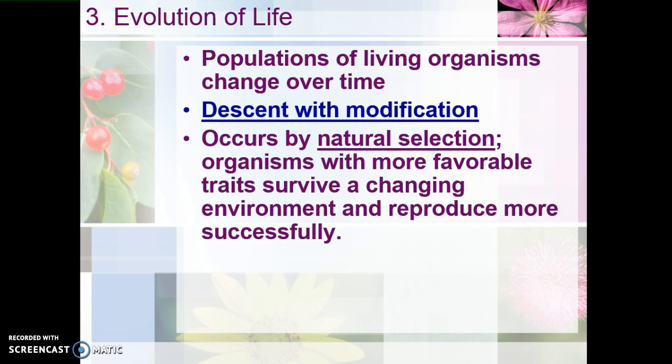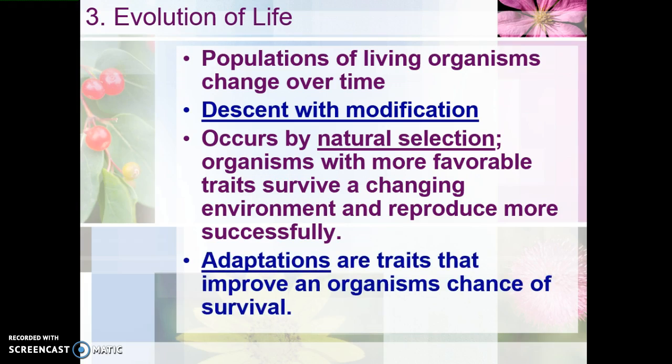Favorable traits are going to survive and reproduce more often, and in a changing environment, you'll see the individuals that are better suited to the environment surviving and reproducing. Adaptations are traits that an organism can have that allow for a better chance of survival. We'll talk about that again as we move on to those chapters near the end of the semester.